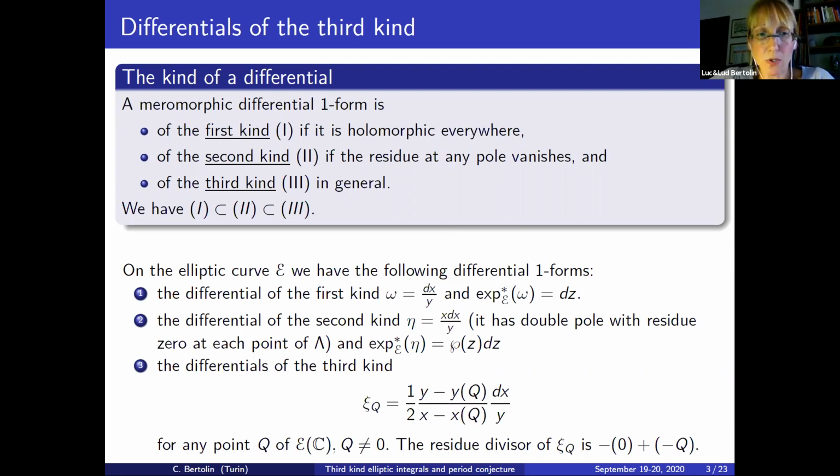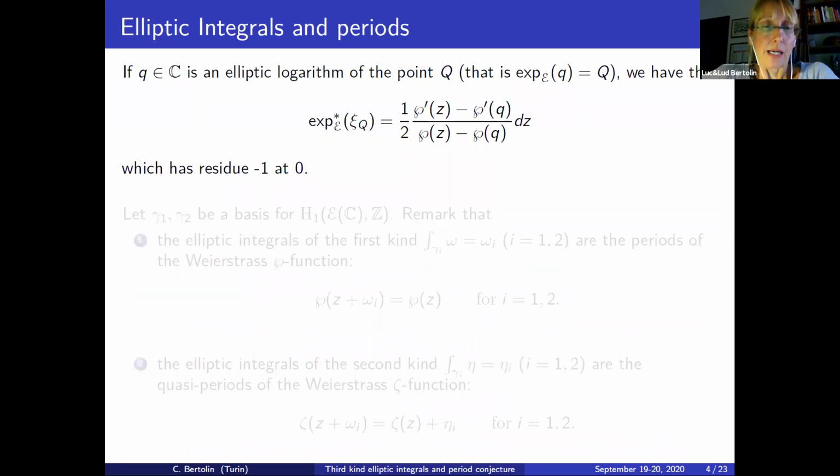The first two differentials are well known. This one is something new. Now I want to make the link between elliptic integrals and periods. So if small q is any elliptic logarithm of the point q, what is an elliptic logarithm?